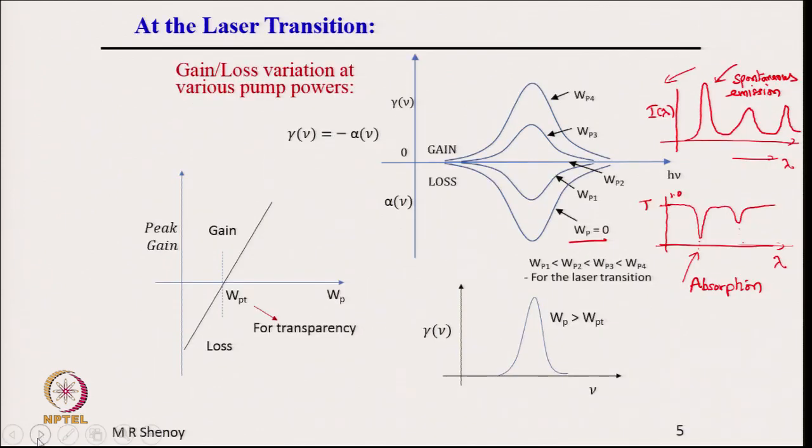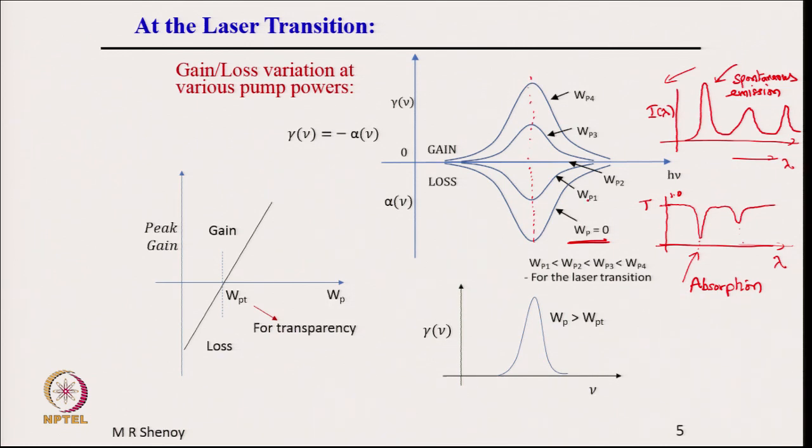Okay. So, in this diagram we have picked up one resonance where, when there is no pump, there is absorption, and the absorption coefficient is maximum around a certain wavelength. So, this is h nu or lambda.